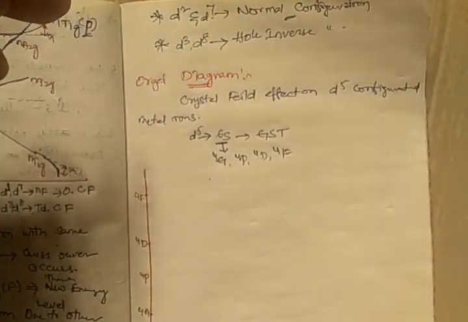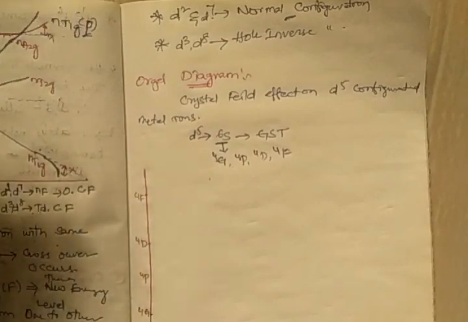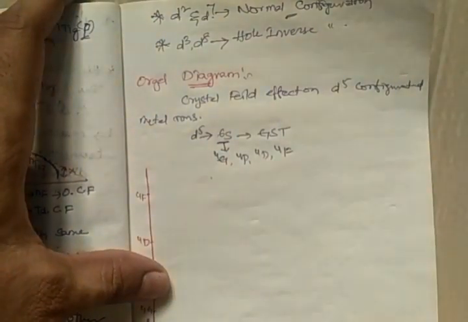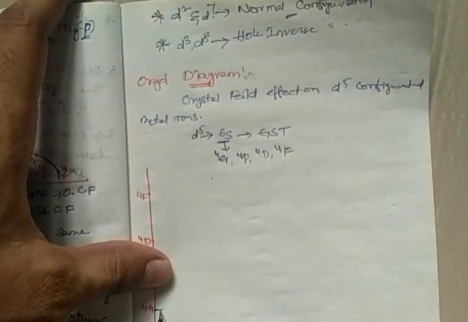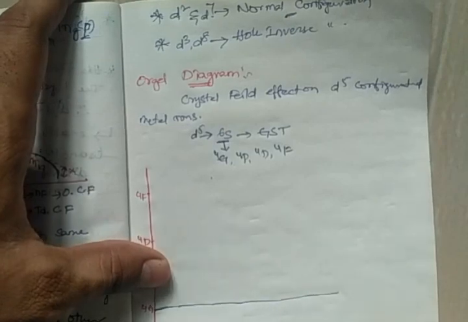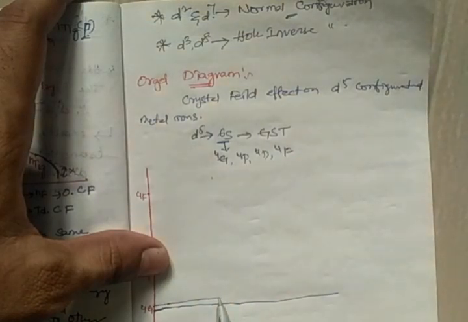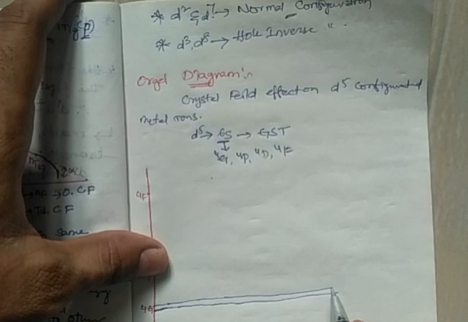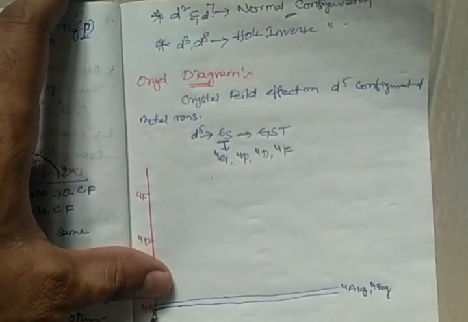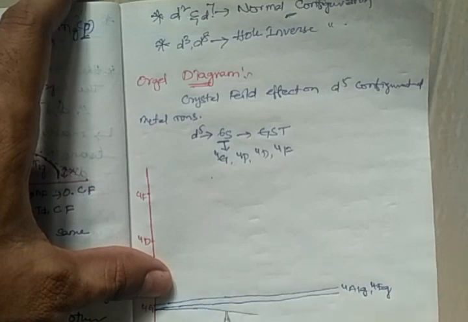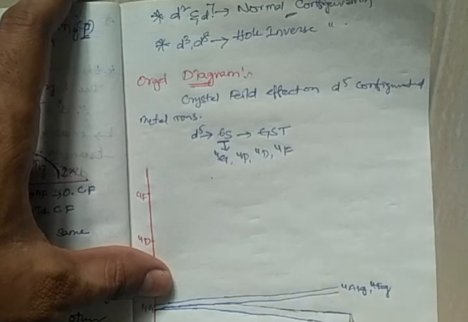Quartet spin energy levels are there, and among these, the 4G term, upon the influence of the crystal field effect, has four newly generated energy levels: 4A1g and 4Eg, followed by 4T1g and 4T2g, right?